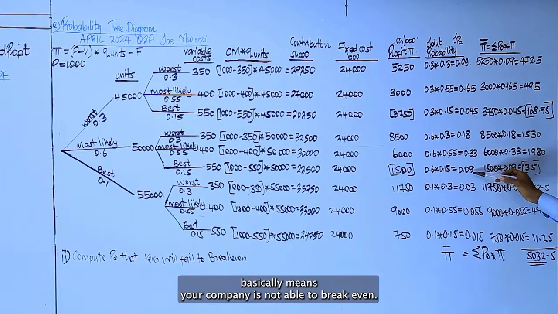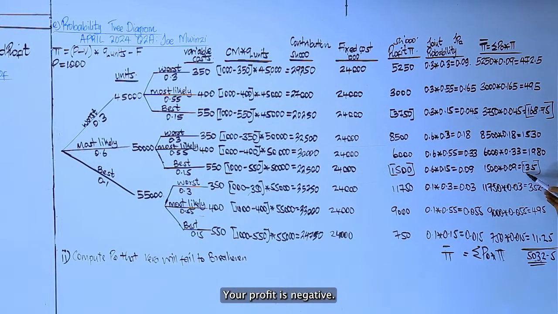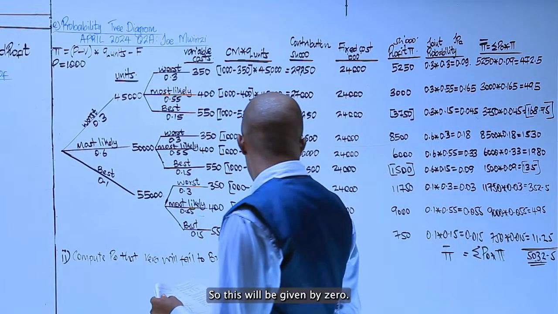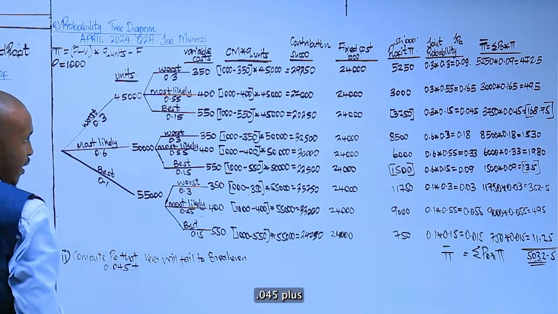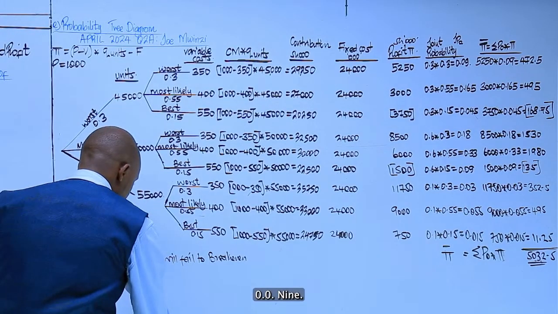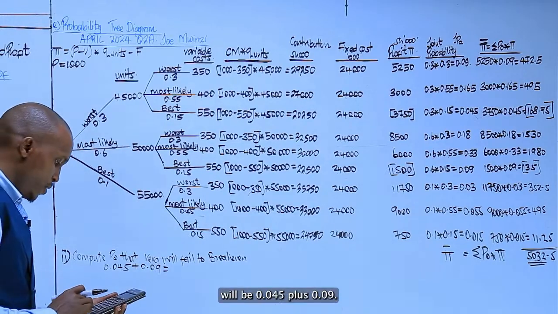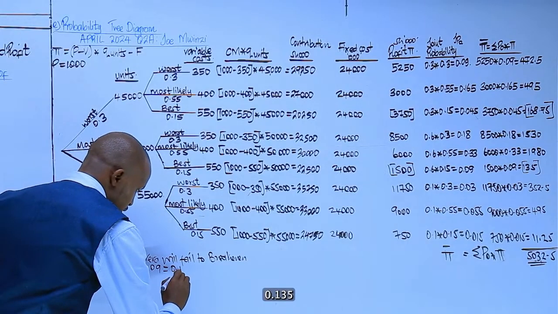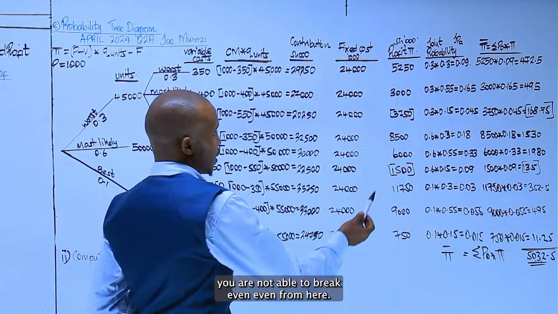With a probability of 0.045, your profit is negative. With a probability of 0.09, your profit is negative. So you have not been able to cover your costs. So this will be given by 0.045 plus 0.09, which is 0.135. You're not able to break even from here.